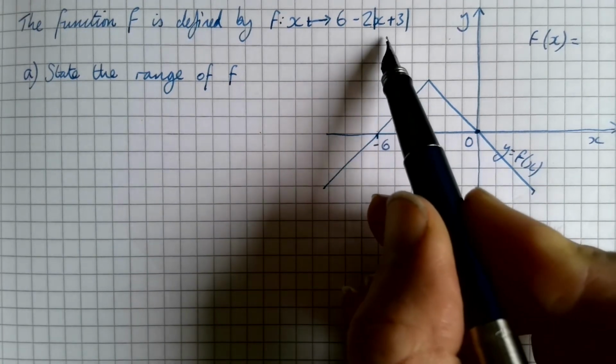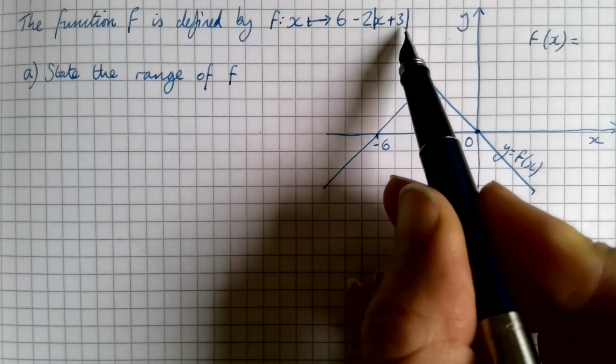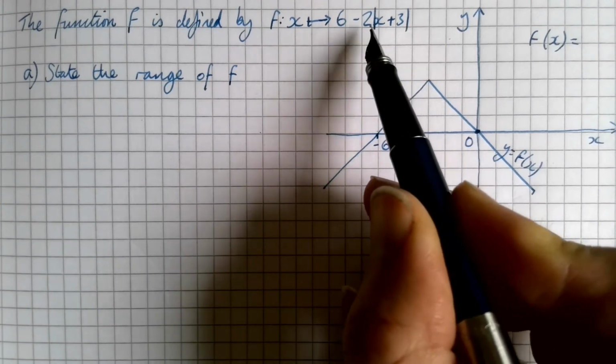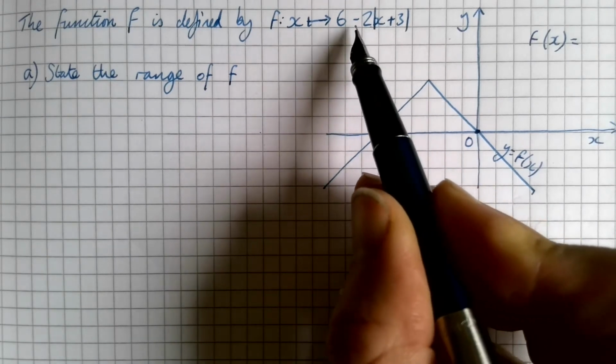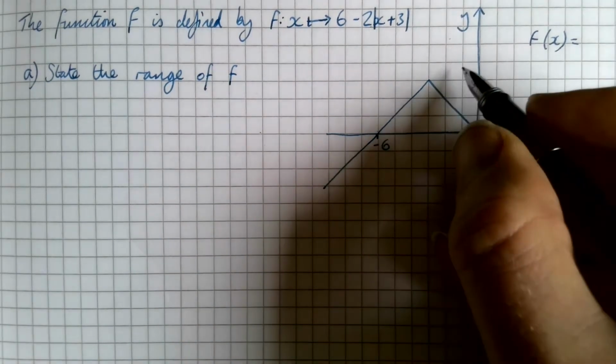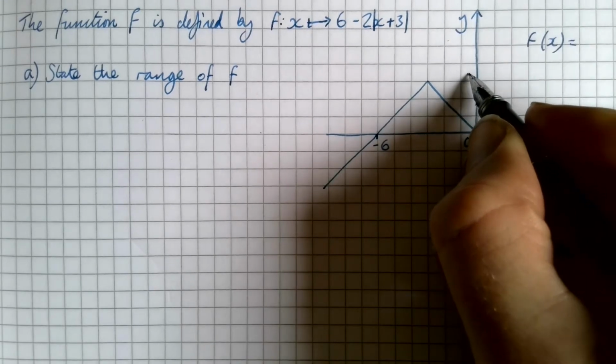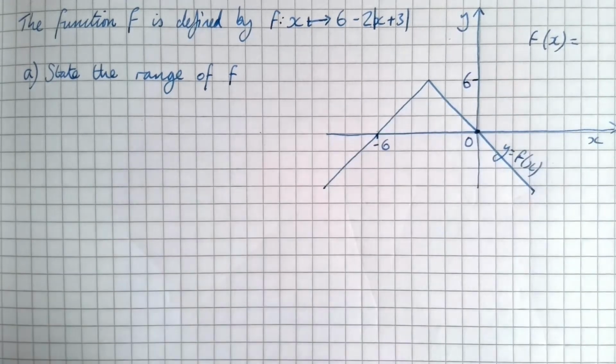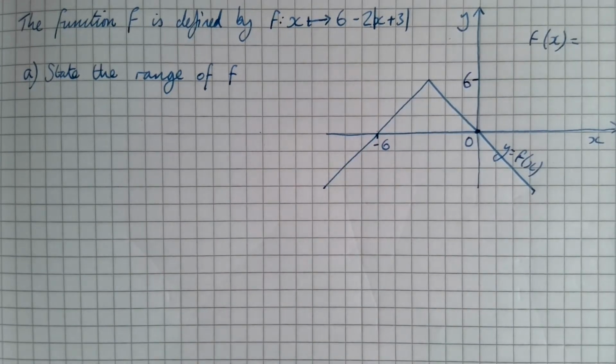If x was negative 3, this, like a bracket, would be worth 0, and 2 times 0 is 0, so we'd be taking 0 away. So the highest possible value that we could get for our function, our highest possible value of y, would be 6.